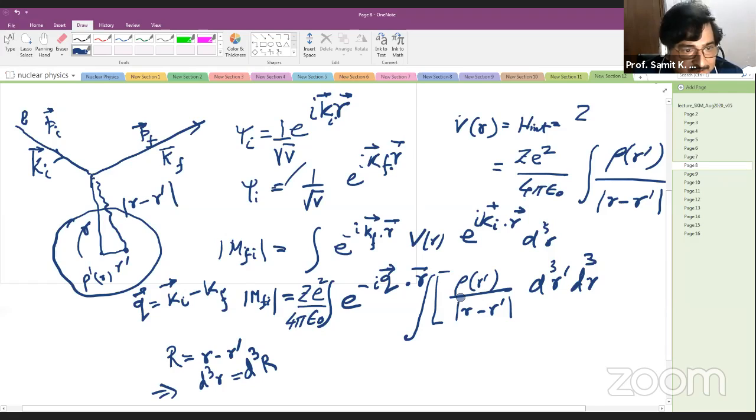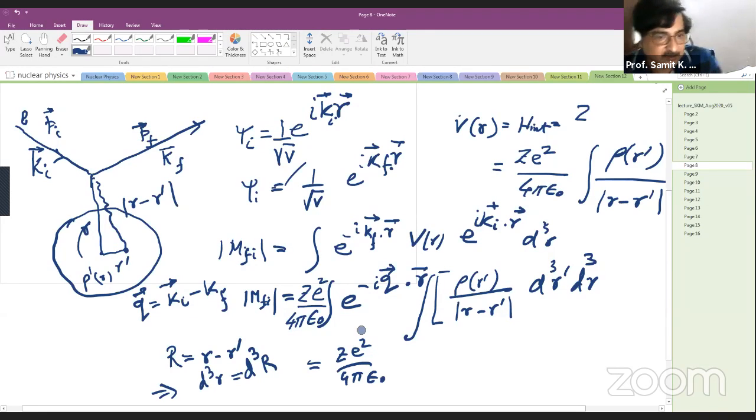So if we put this value here and segregate a little bit, then this will be Z squared e squared by 4 pi epsilon 0. But you can also take the minus sign, because if you consider an attractive potential, it will be attraction. So you can put some minus sign here, but that is up to you.